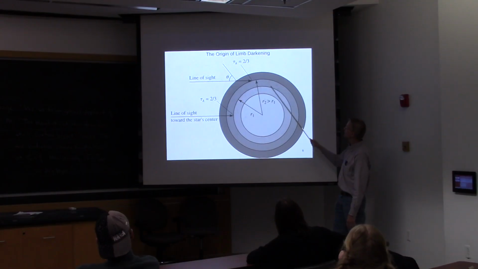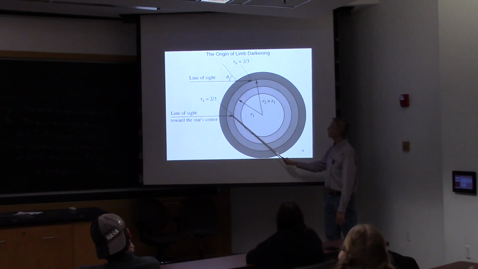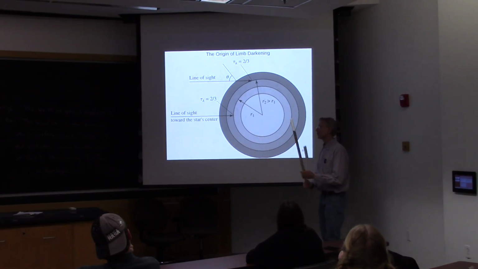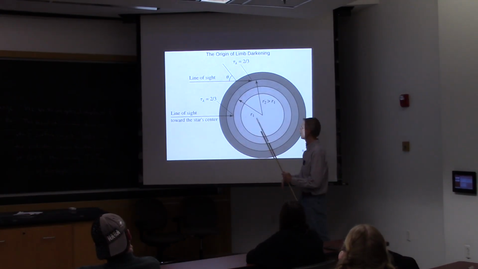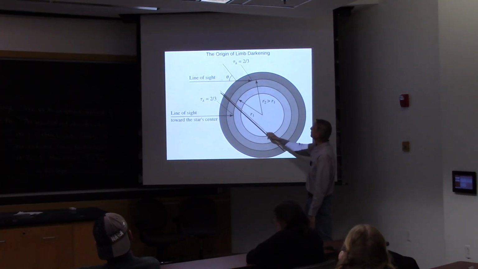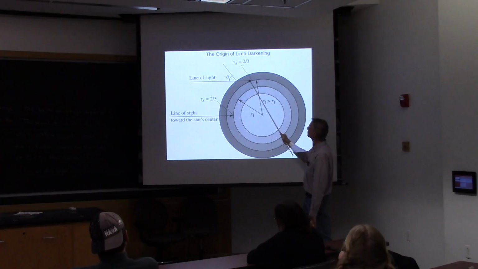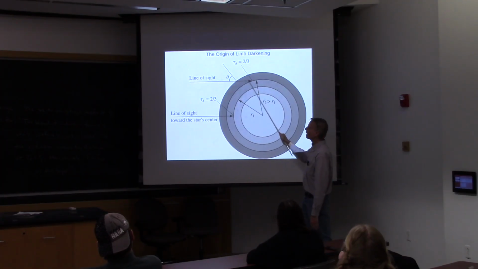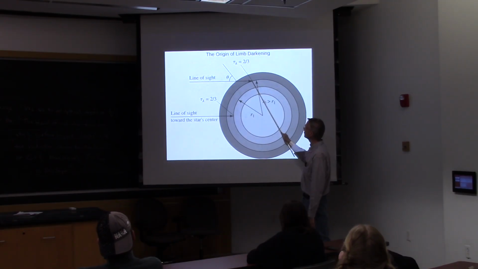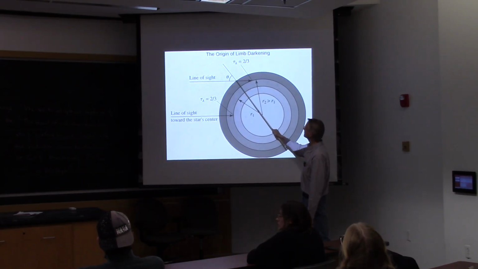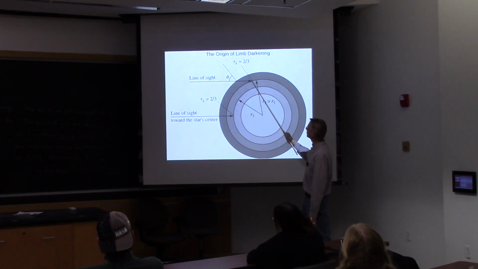Here's the layer with a vertical optical depth of 2/3. But now we look along this other line of sight, and we still see along that line of sight to an optical depth of 2/3, about the same distance you penetrate into the stellar material to get down to an optical depth of 2/3 along the line of sight.